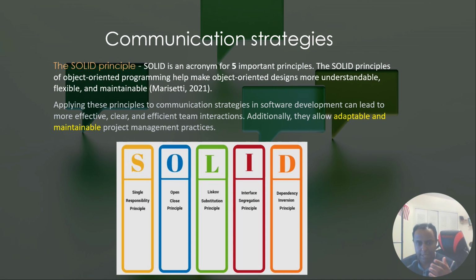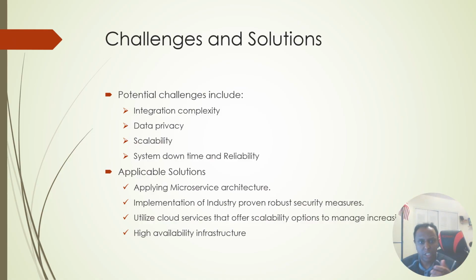The fourth one is the interface segregation principle that separates the interfaces, makes them not dependent on each other. The fifth one is dependency inversion principle. So these ones make our system adaptable and maintainable.